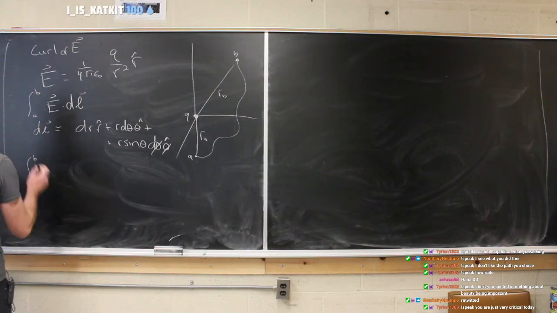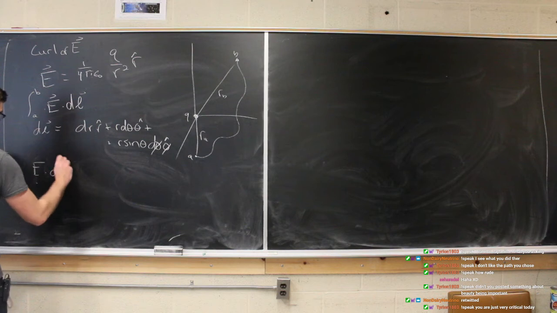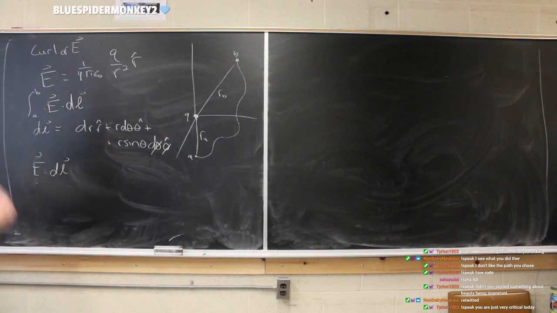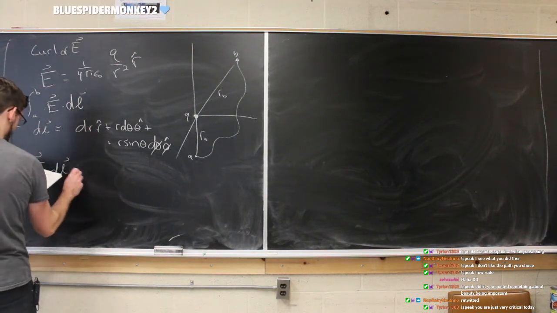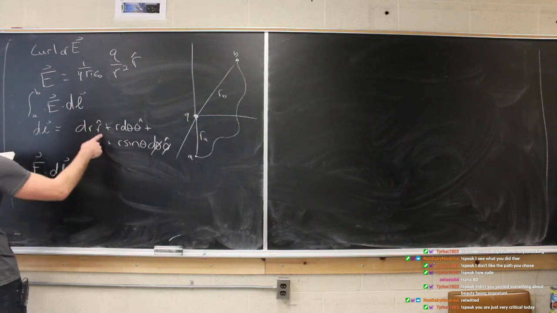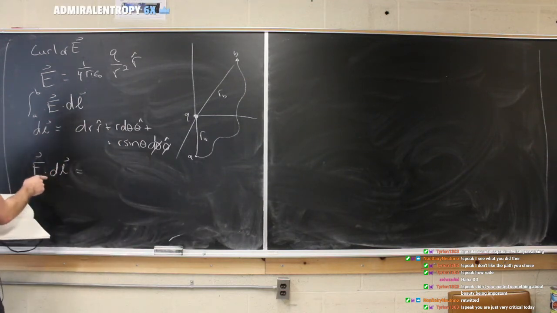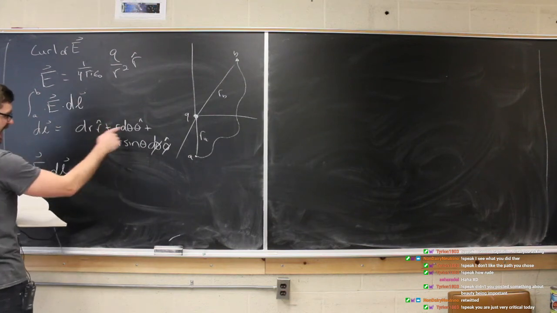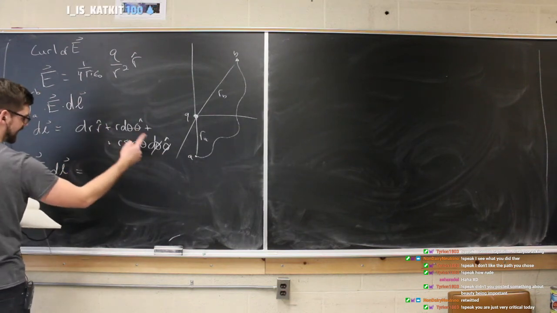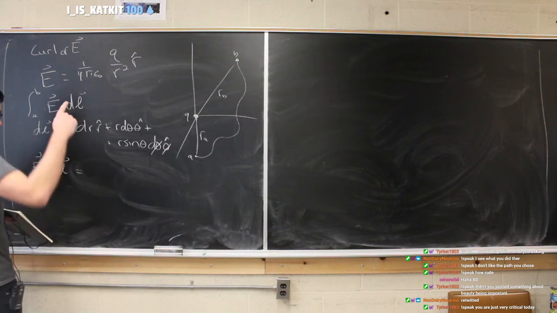So now if we were to write this out, E dot dl, and just evaluate this term before we get back underneath the integral, we could do the cosine of each of these, but notice how r, theta, and phi are all going to be perpendicular to each other. So every time we run into a cosine of r hat and theta hat, or r hat and phi hat, or theta hat and phi hat, then we'll end up having a 0 for the term.